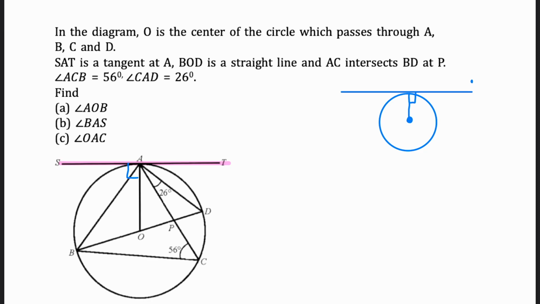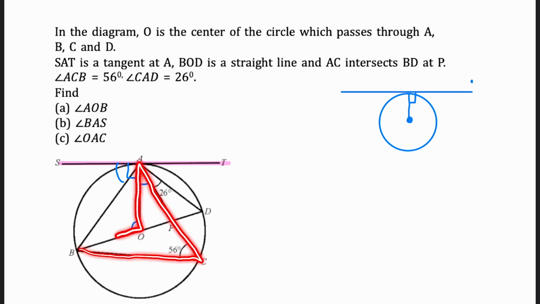Our aim is to find AOB, which is this angle here, BAS, which is this angle here, and OAC, which is this angle here. So we'll proceed to find the angles. Number one, try to find all the angles out. You can see that we have this angle at the circumference.